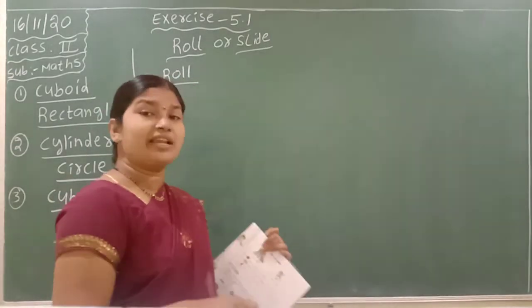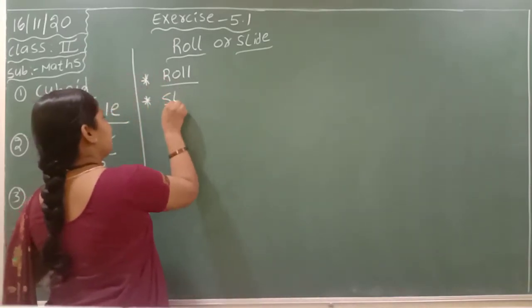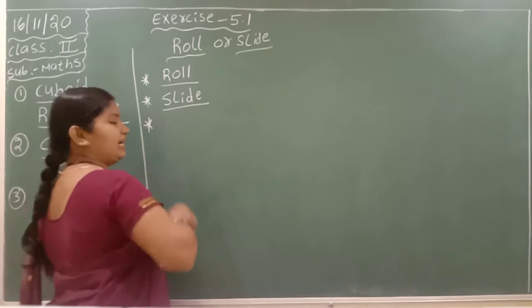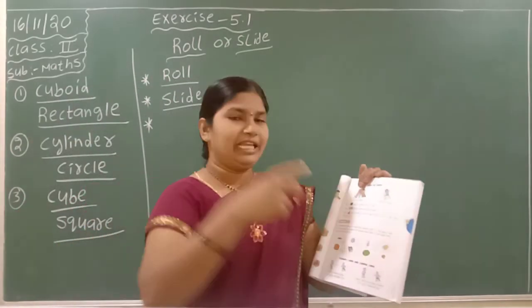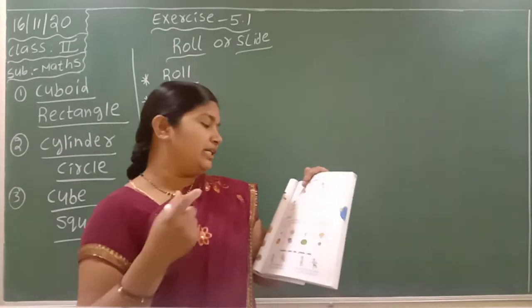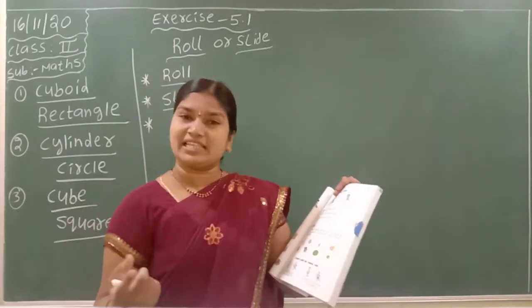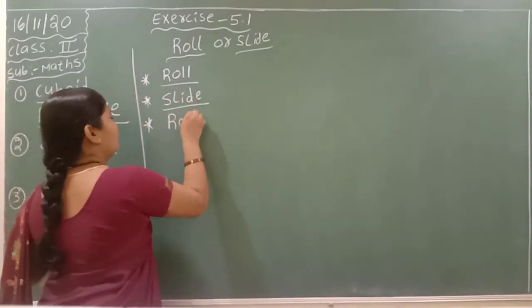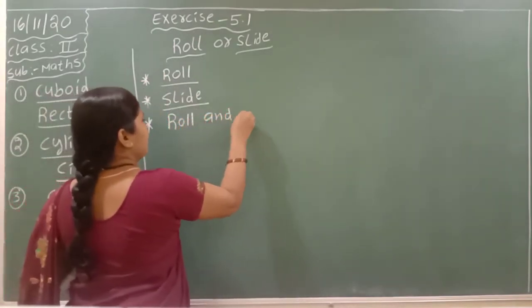Does it roll or slide? Slide. Say the slide spelling. S-L-I-D-E, slide. Next, take a birthday cap, push it. Does it roll or slide, or does it roll and slide? Okay. It is roll and slide.